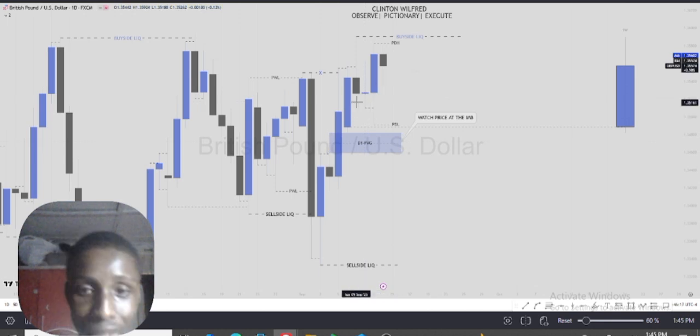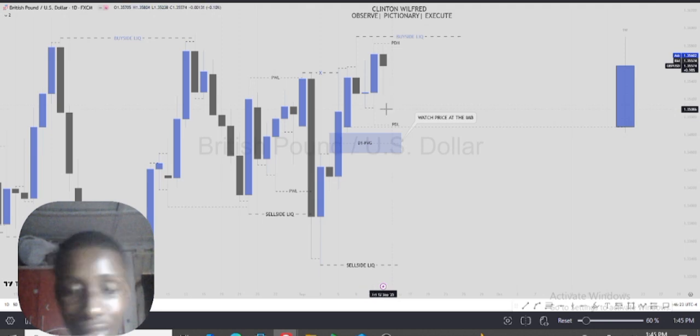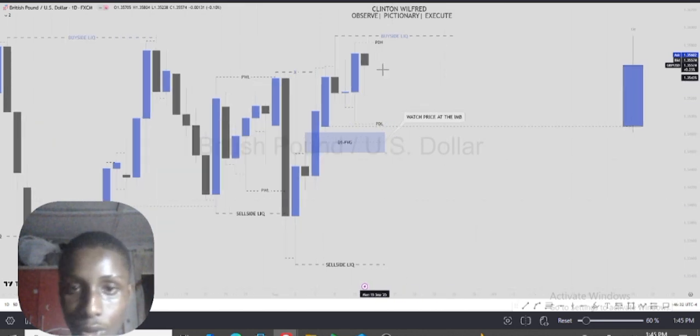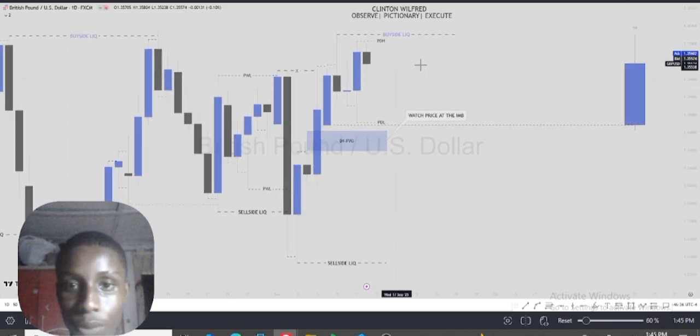Then Wednesday took out Tuesday's lows. Then on Thursday we had a sweep of the previous day's low to the upside, and then on Friday we just closed bearish, without sweeping any highs.